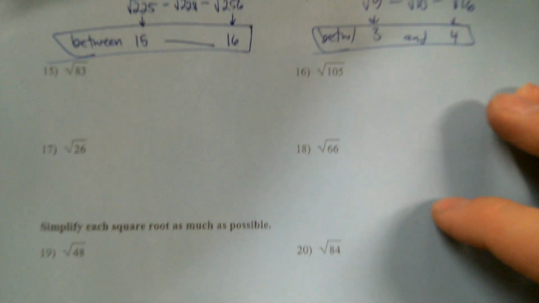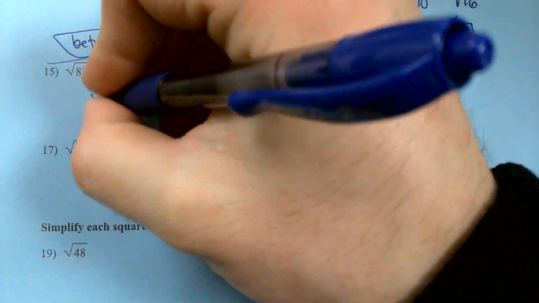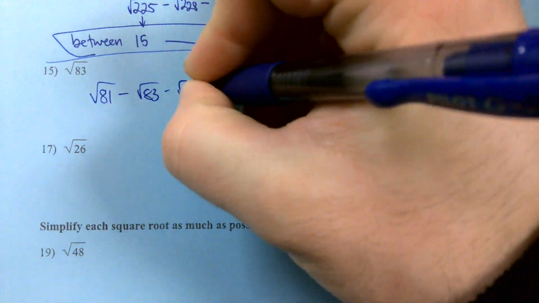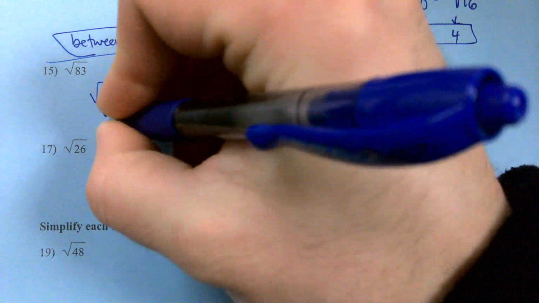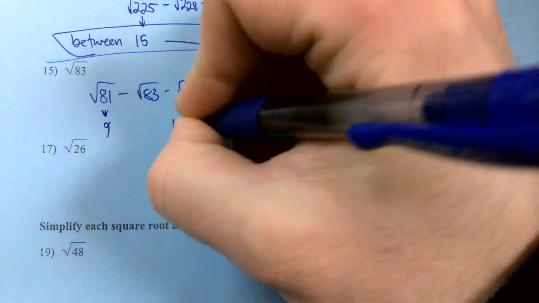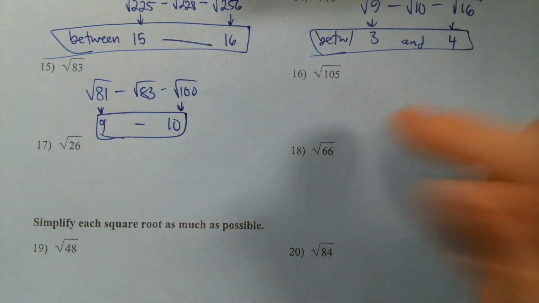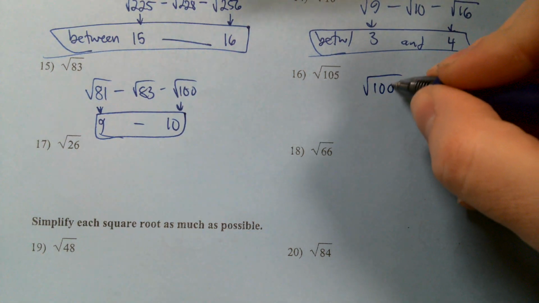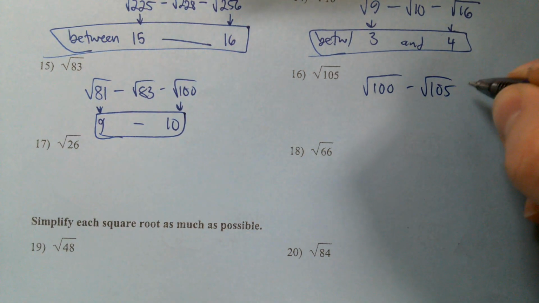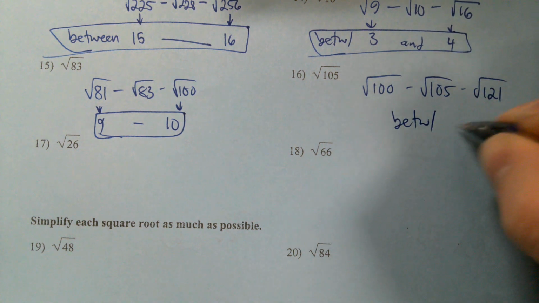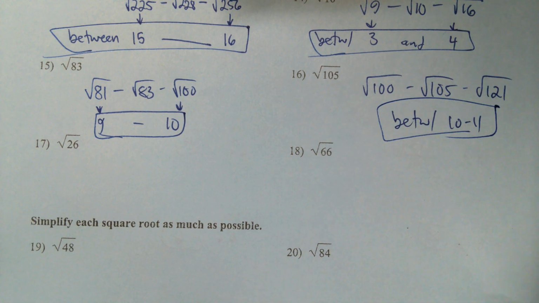Moving down to 15, 83, the closest perfect square is 81. And right after that would be, what, 100? Yep. So we're going to be between 9 and 10. 105, the closest perfect square is 100. Right after that would be 121. So we're going to be between 10 and 11.